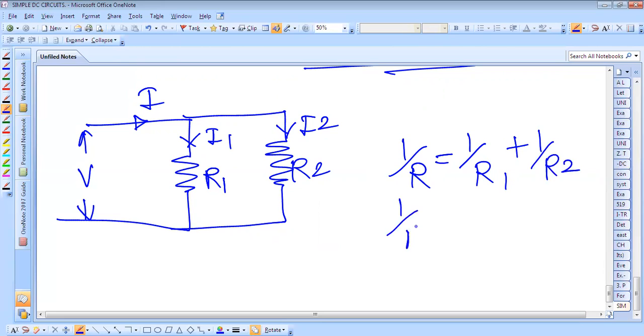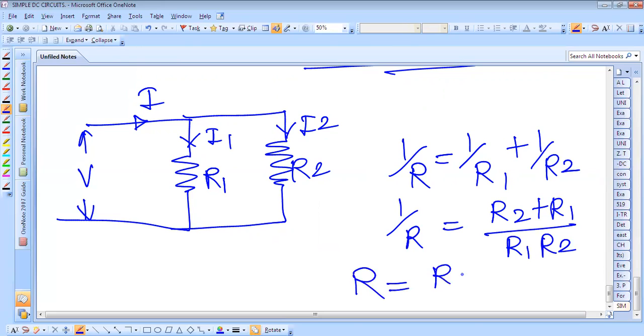Therefore 1 by R is equal to R2 plus R1 by R1 R2, and therefore the equivalent resistance R is equal to R1 R2 by R1 plus R2. This is when the two resistors are in parallel.